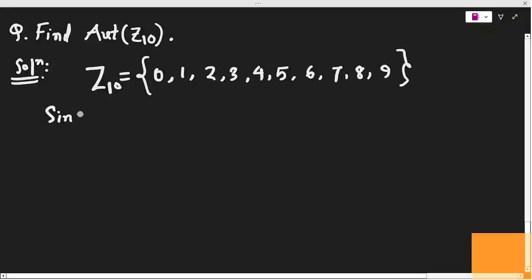Since there is a trick, we will use the property of automorphism.